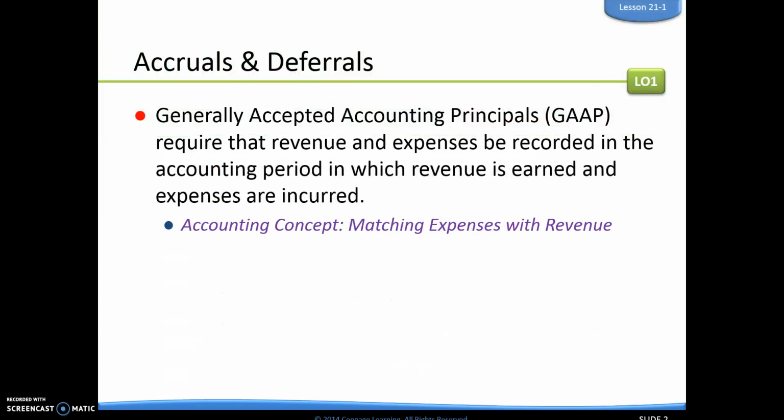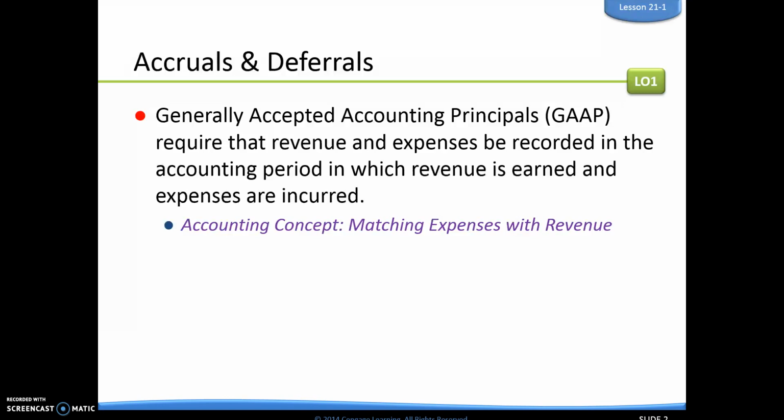So one thing that we know for sure, and should because it's been something we've talked about several times throughout Accounting 1 and Accounting 2, is that GAAP requires us to record revenue and expenses in the accounting periods in which they are earned. So revenue gets recorded in the accounting period that it's earned, whether that's a year or a month.